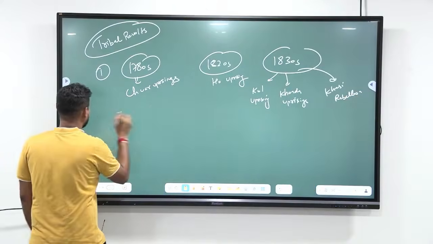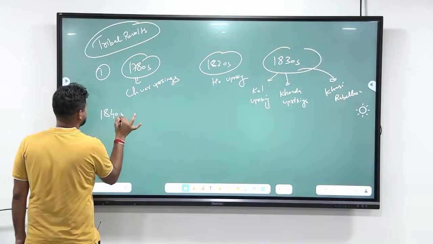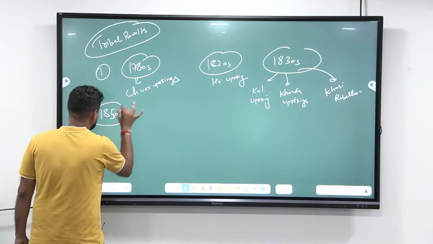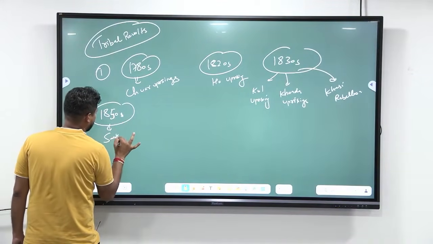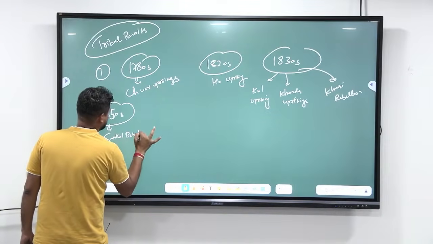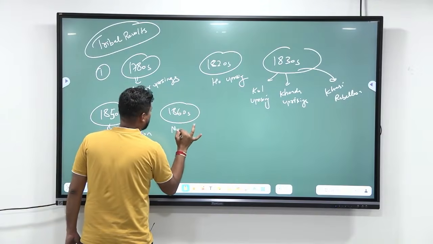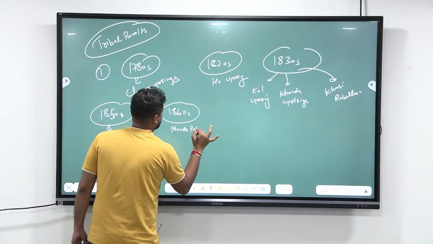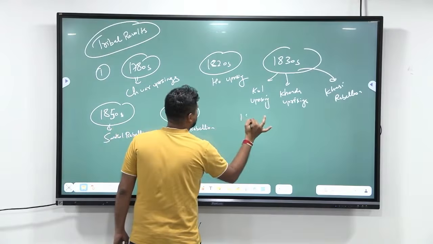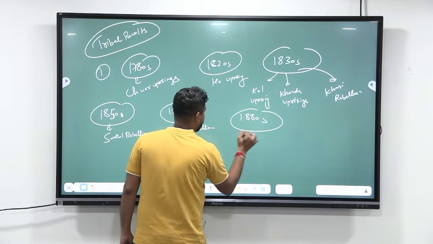And then you can go side by side. 1850s, you have Santal rebellion. Then you have 1860s, Munda rebellion. And 1880s, again, there are many here. Look at this.